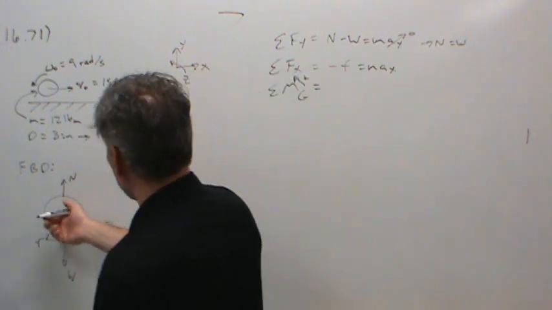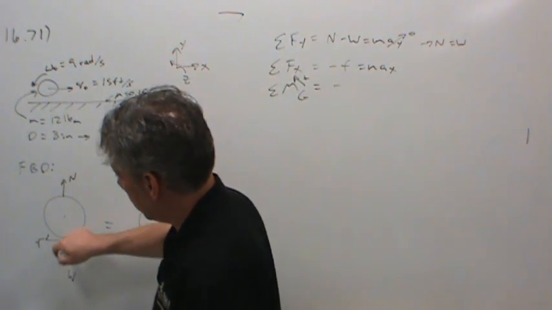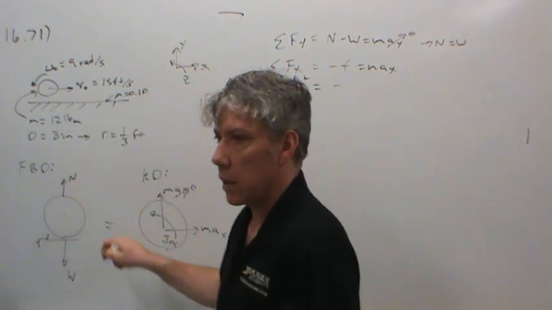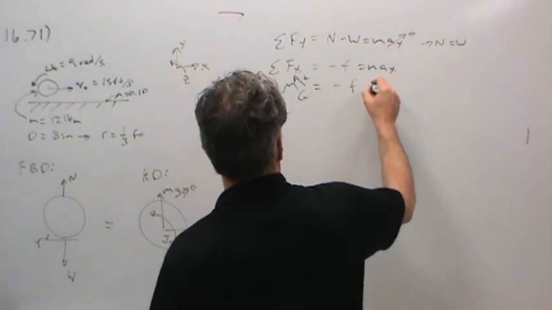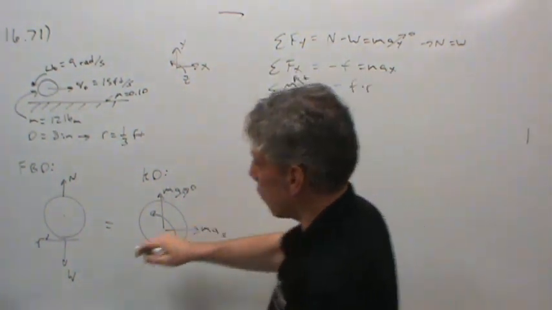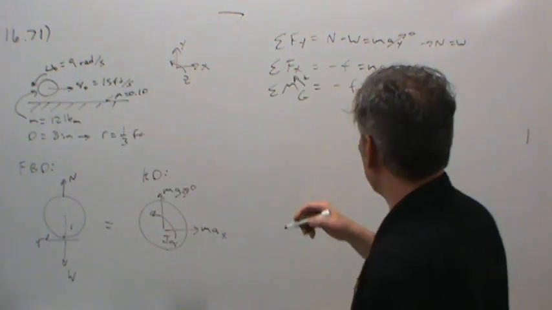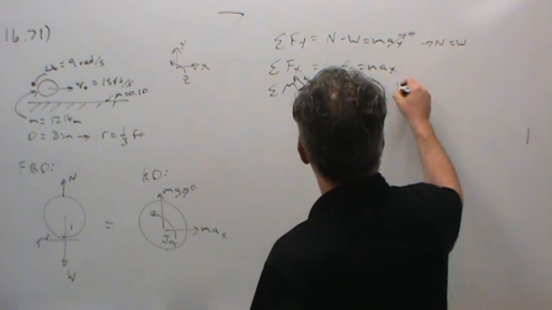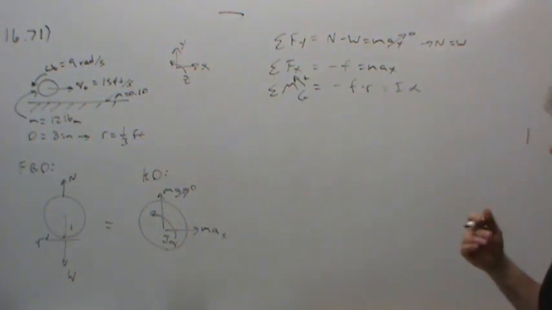The friction force will cause a negative moment, because if we're summing moments about G, the friction force tends to cause a clockwise rotation, which is a negative direction moment. So we need force times radius, where radius is the radius of the bowling ball, the sphere, and it equals I alpha. So there are the three equations of motion that we have.